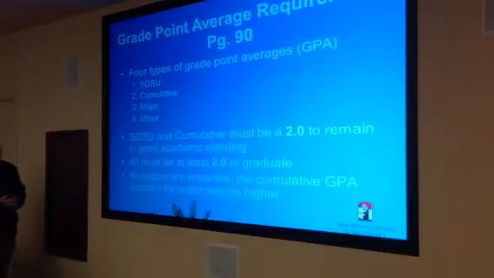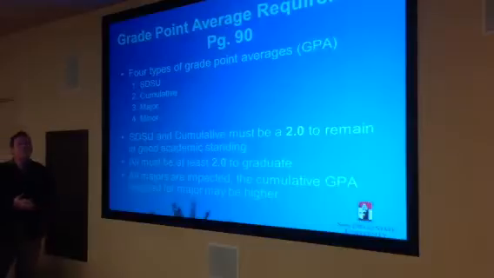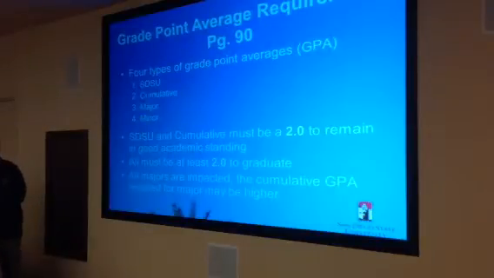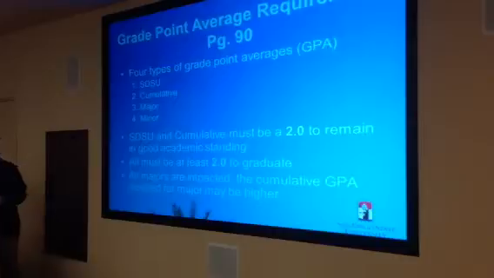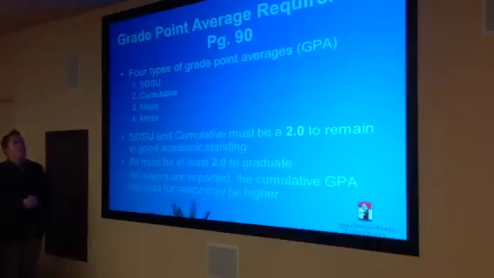There is the cumulative GPA, which is the grade point average of all courses taken at SDSU and all transferable courses taken at other universities and community colleges. There's the major GPA, which is the grade point average of all courses in the upper division major. And there's the minor GPA, the grade point average of all courses going towards the minor if a minor is being completed.